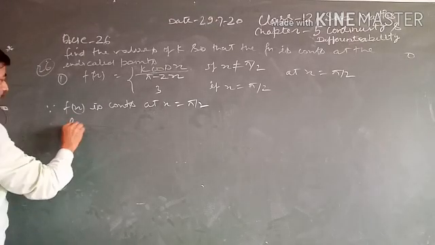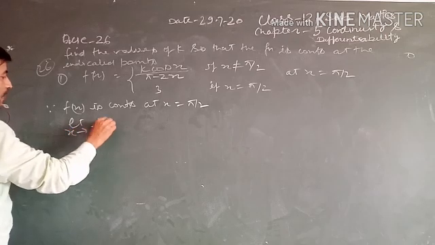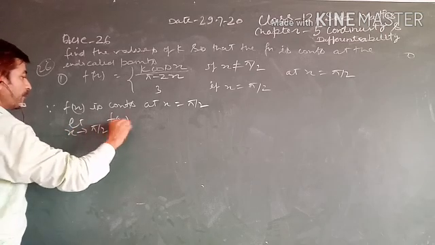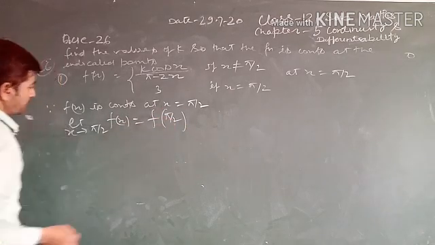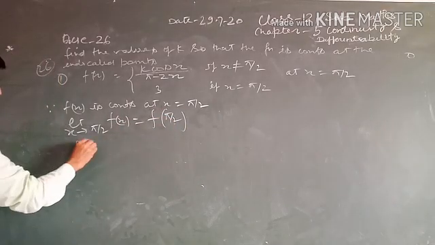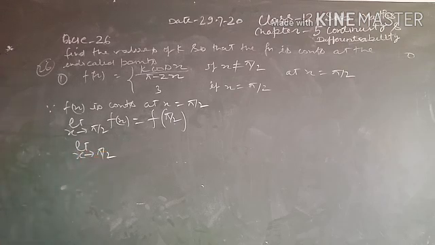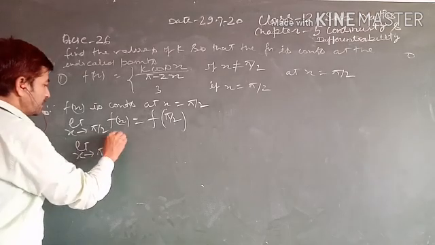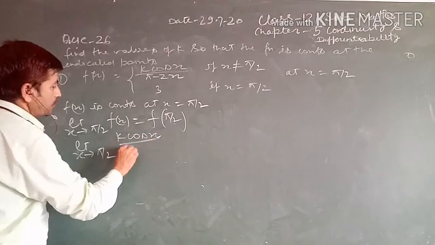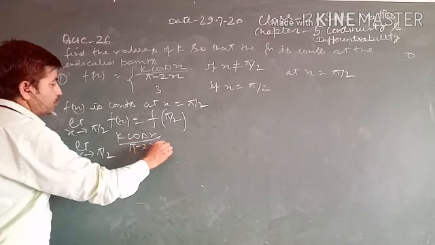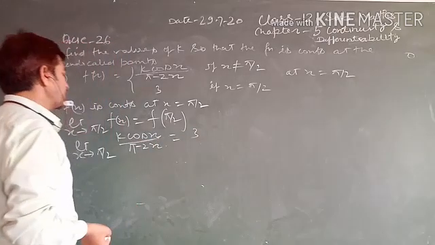Therefore, limit x tends to pi by 2, f(x) is equal to the value of the function. Limit x tends to pi by 2, k cos x upon pi minus 2x is equal to f(pi by 2), which is 3.